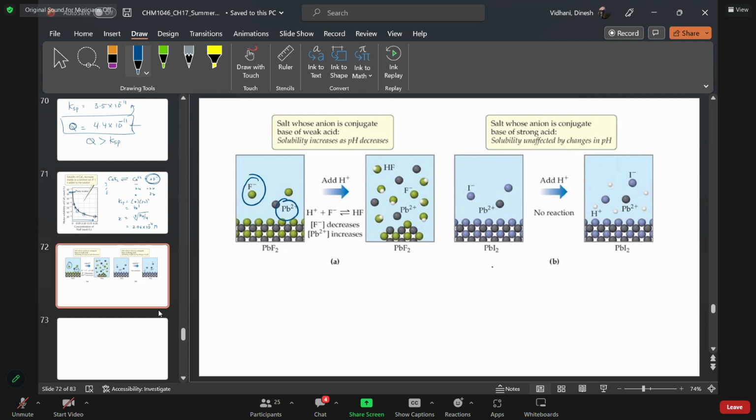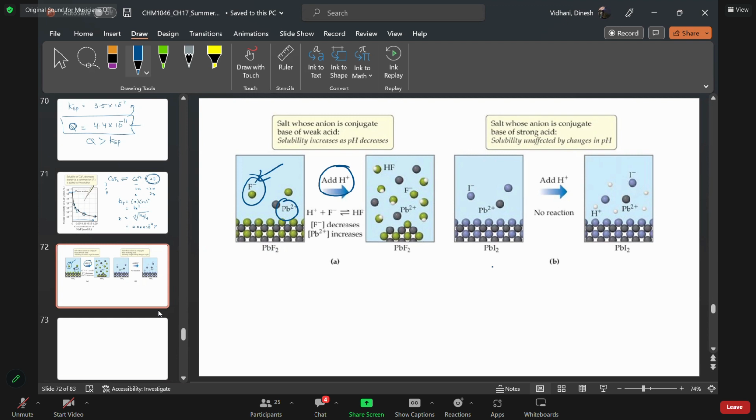So when you try to take out fluoride ion using H plus, what happens? You shift the equilibrium to the right side. So more lead fluoride will dissociate into lead ions and fluoride ions. When that happens, you will be increasing the pH.